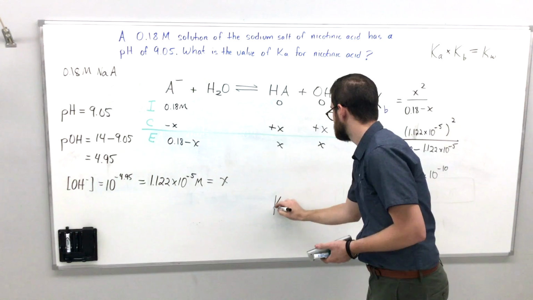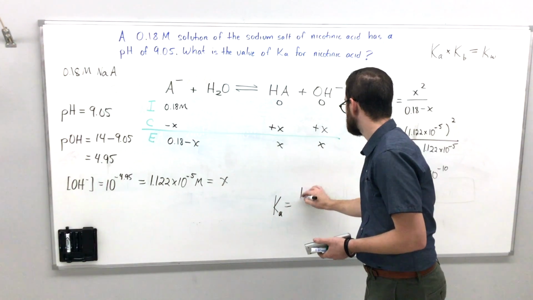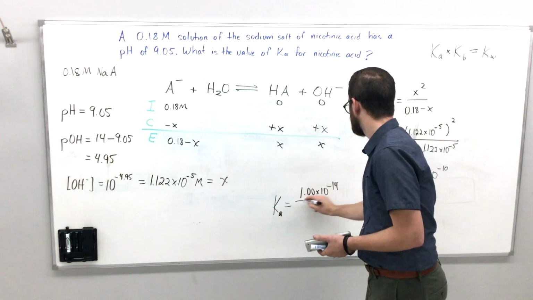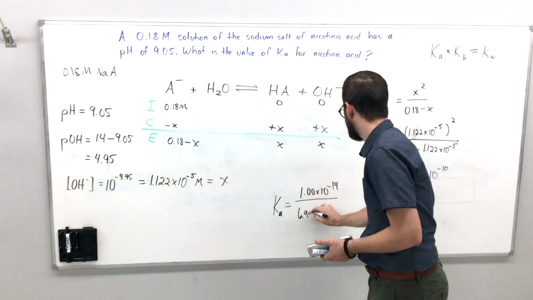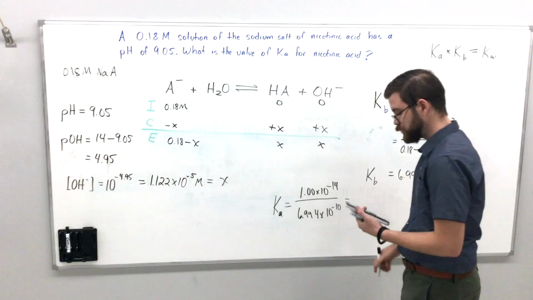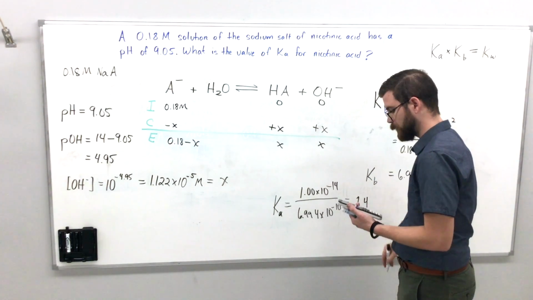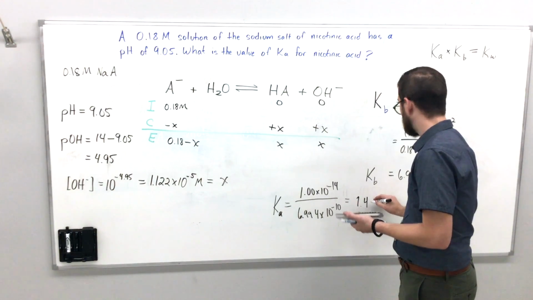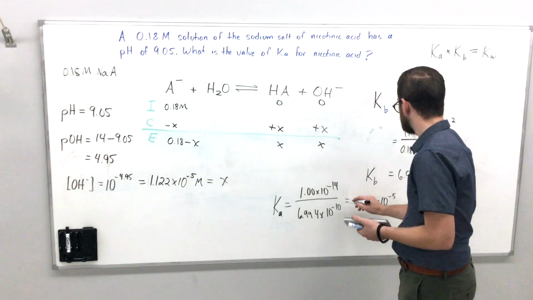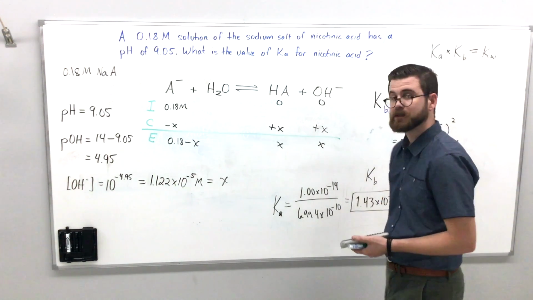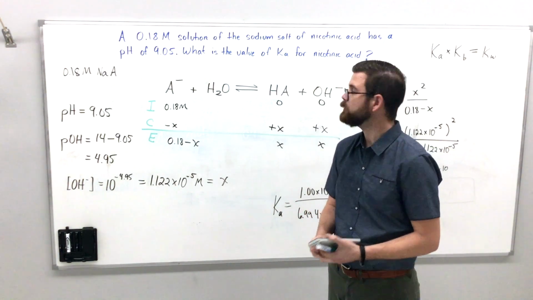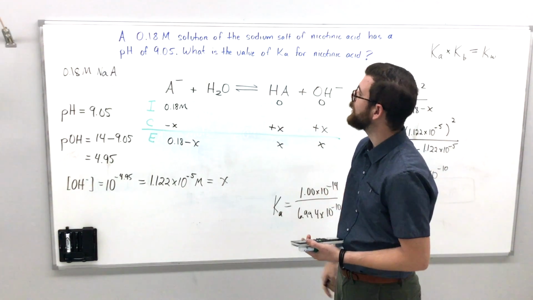So your Ka is 1.00 times 10 to the minus 14 divided by 6.994 times 10 to the minus 10, and you will get 1.43 times 10 to the minus 5. And that's your Ka.